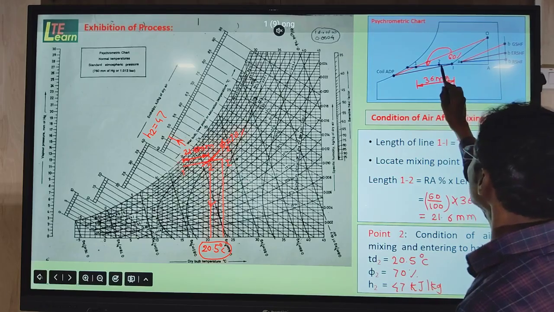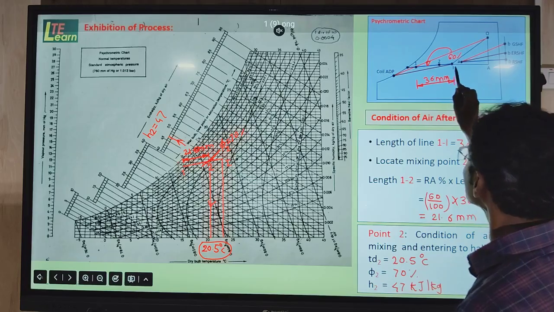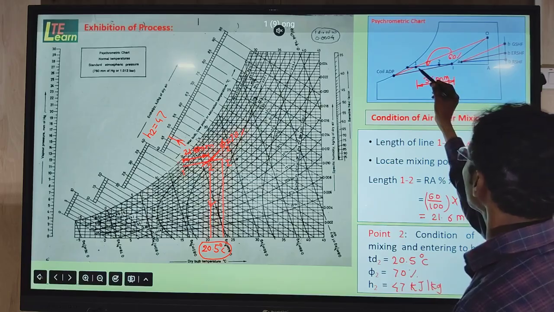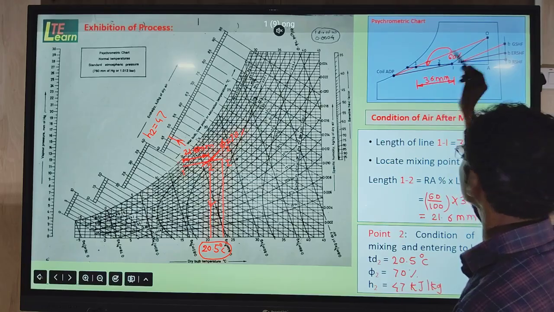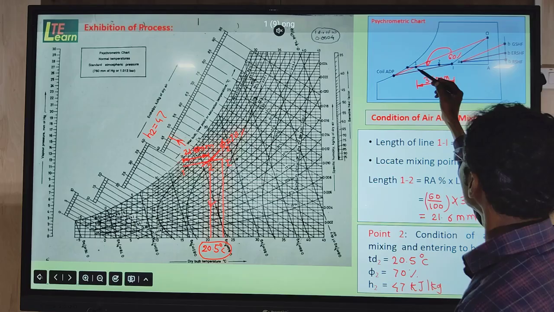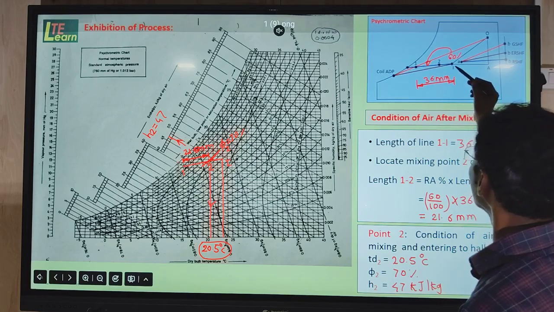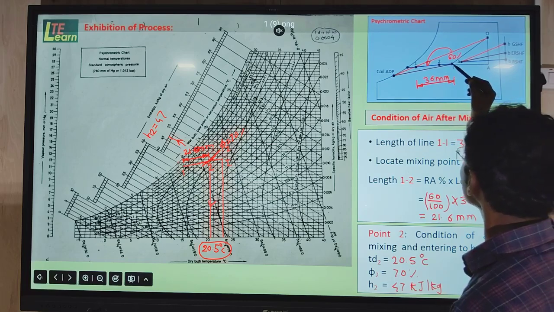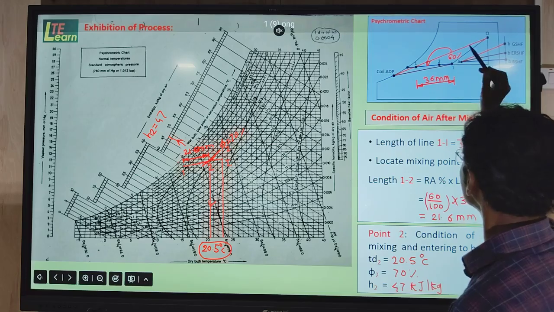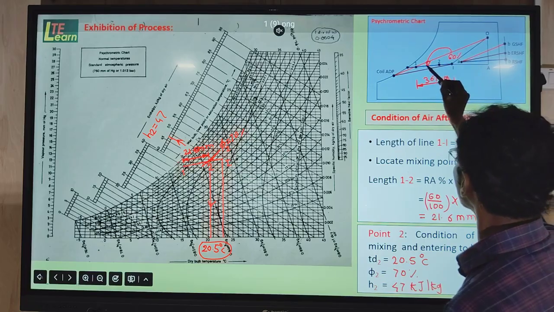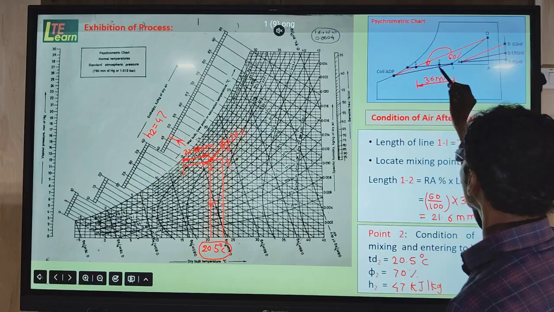To locate the point in the numerical, we are given the recirculated air percentage, because here this point O is the air coming from the outside, the fresh air, and this is the room air, the indoor point, the room side point. This recirculated air percentage, 60%, is given. Now this percentage, as we know in the theory, we show on the opposite side, from 1 to 2.